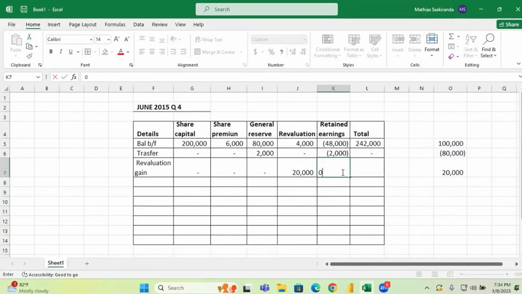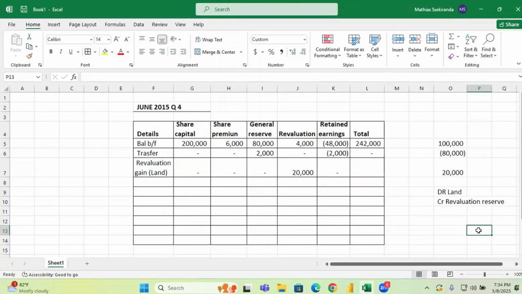Revaluation gain, and in brackets you put land, because this gain is in line with land. When land is increasing in value, we debit land and credit the revaluation reserve.